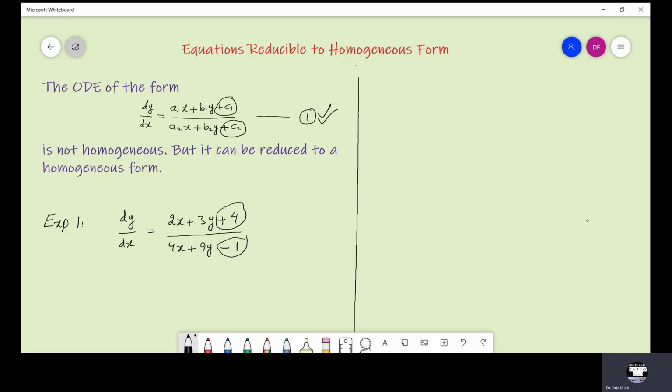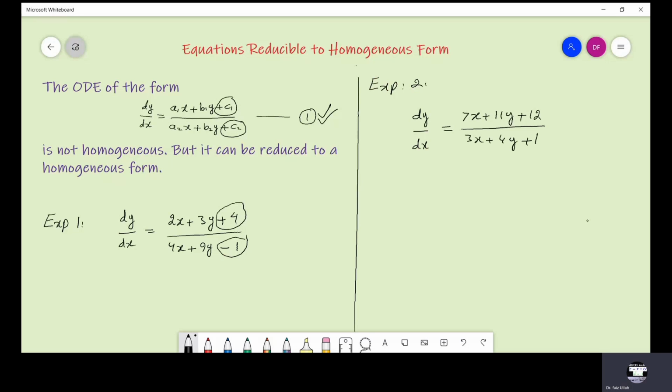And now let us see another example of such type of equations. Example number 2. In this example, we have a differential equation dy by dx is equal to (7x plus 11y plus 12) divided by (3x plus 4y plus 1).